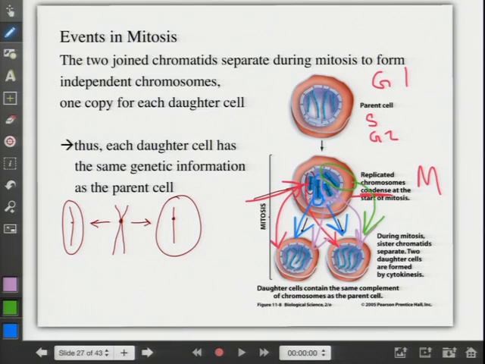For this one, one here and one there. Because we want the correct chromosomes to go to each cell. We don't want two sisters to go to one cell and no sisters of another chromosome to go there, because then it's a mutant.